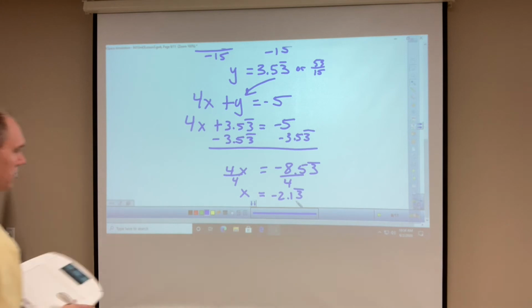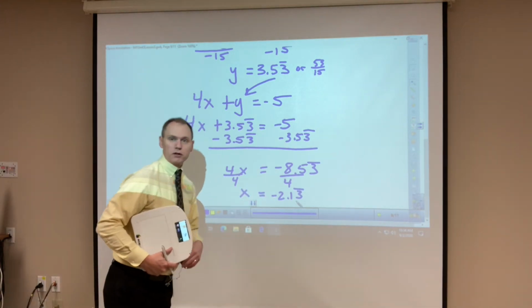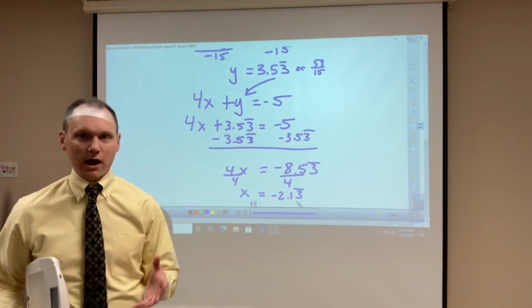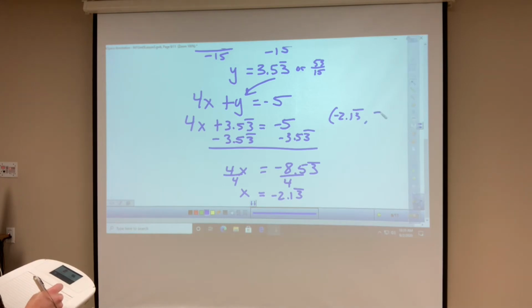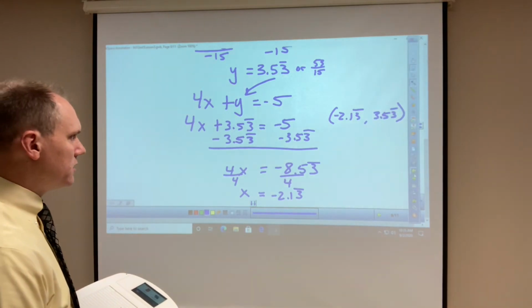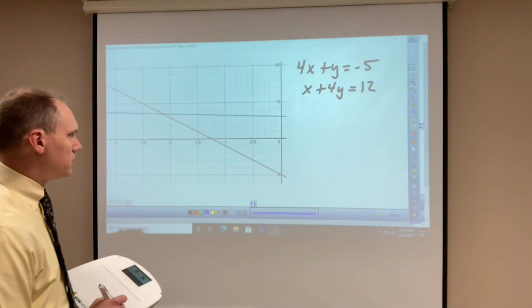Which our estimation was -2.1, so we were pretty close. Just looking at it graphically, we've got the point -2.1, 3 repeating, comma, 3.53 repeating is the decimal version of that.